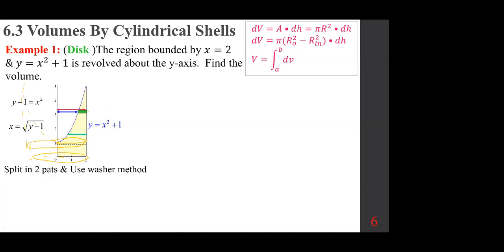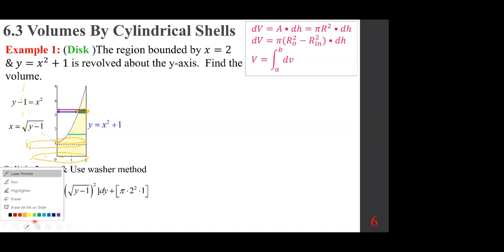The x coordinate of the outer piece is 2 units away from the y-axis. And for this piece, you use the curve. I'm looking at this top piece, just the top part for now.